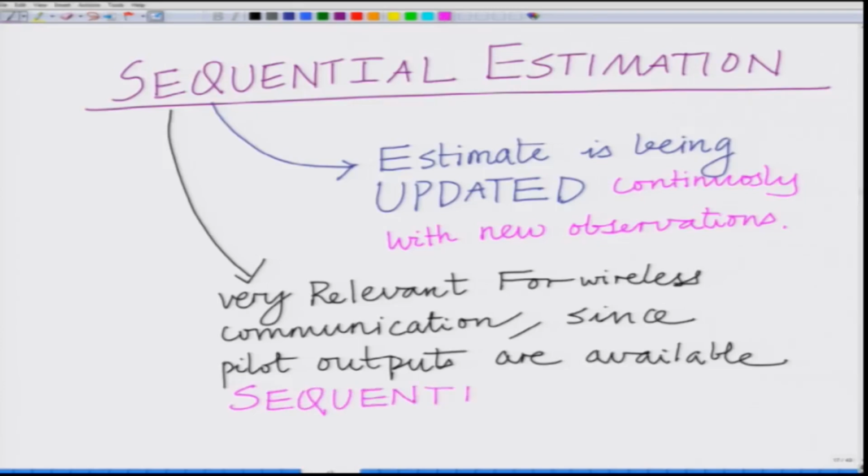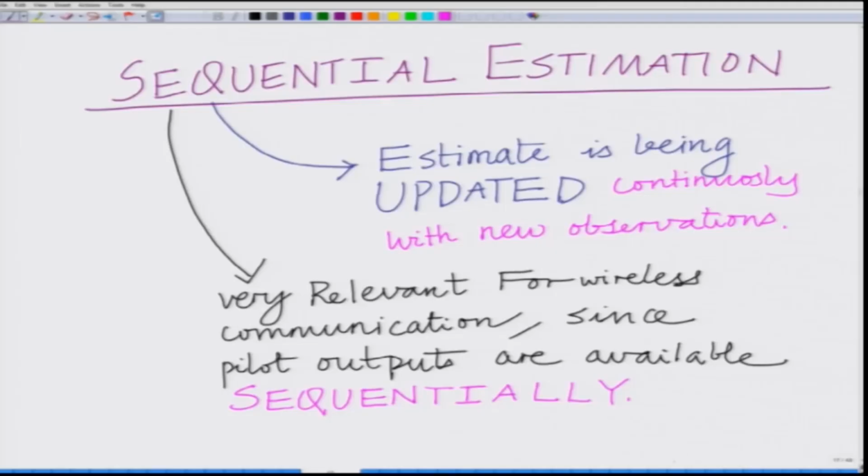They are not available all at the same time. There is a pilot symbol transmitted, a pilot output that is observed, based on which you compute the estimate. At the next instant you have another pilot symbol transmitted, and a corresponding pilot output.